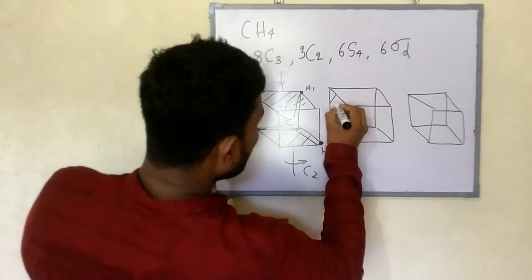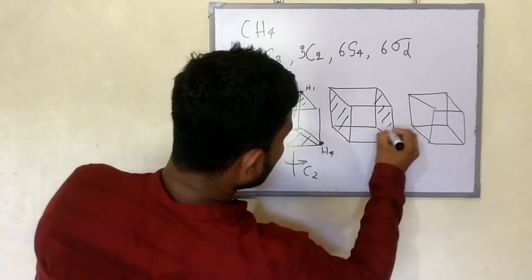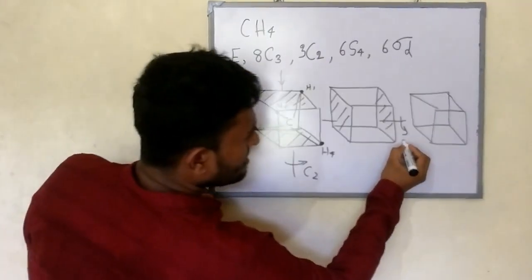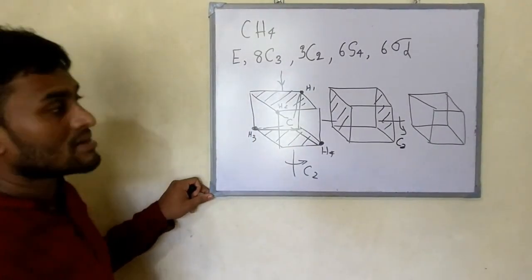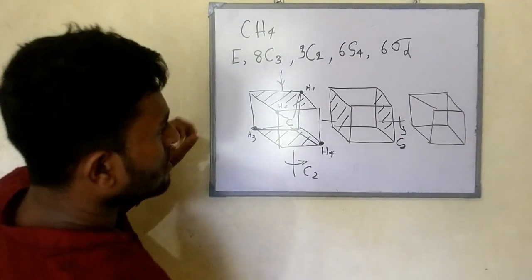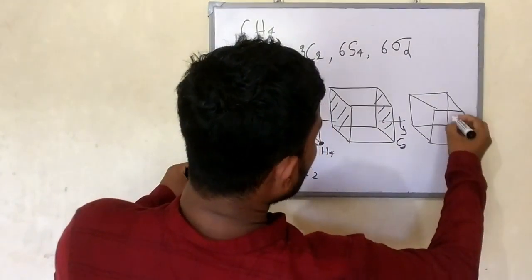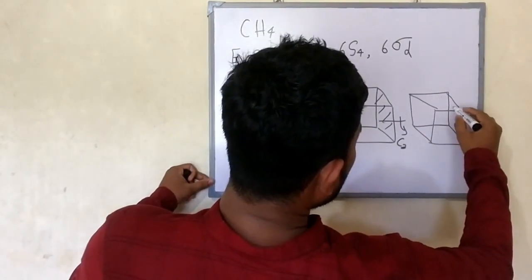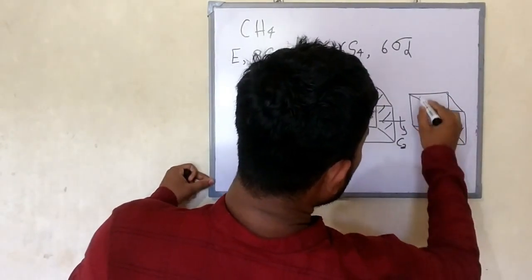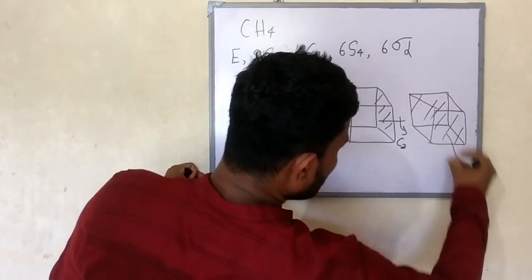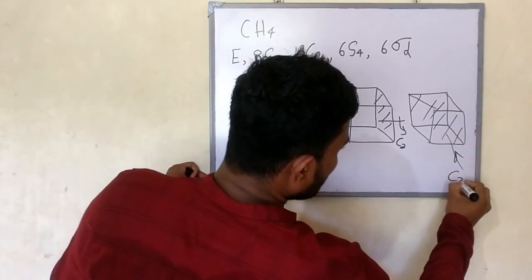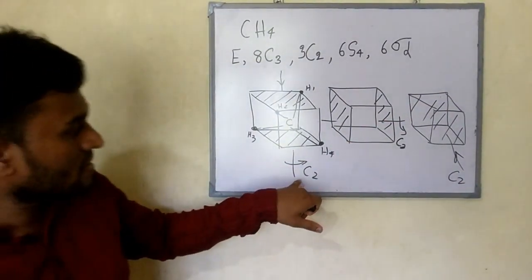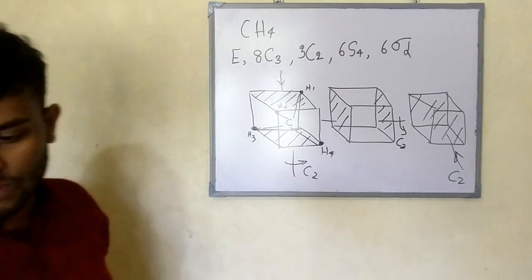And if you think about another rotation axis like this, this is also C2. And you can think about this axis also. So this is going through these two sides. So altogether 3 C2s are possible.